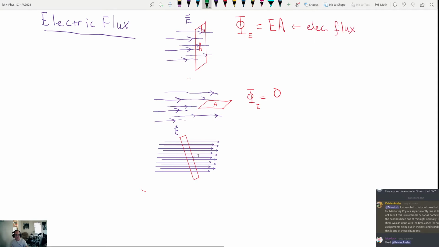I'll make this one green. We're going to draw a vector that's perpendicular to the surface of my sheet, and I'm going to call that vector an area vector. This is going to be an area vector, and it is perpendicular to the plane of the sheet.